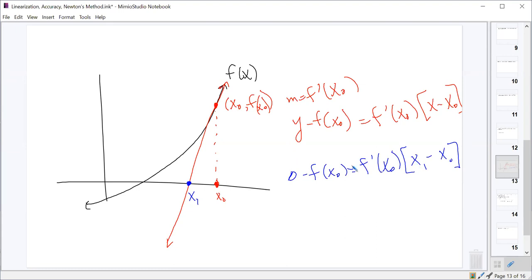And we could find x1 by dividing by f prime. So we'd have negative f of x naught over f prime of x naught. And then we'd bring the x naught over here. X naught minus that would be x1. Everybody agree with that? That would be the value of x1.